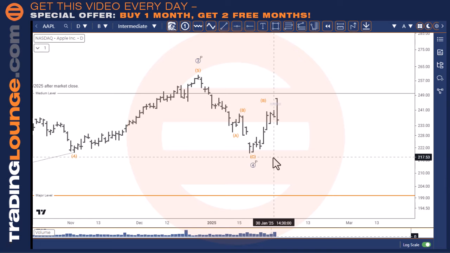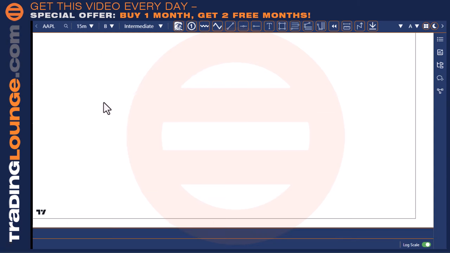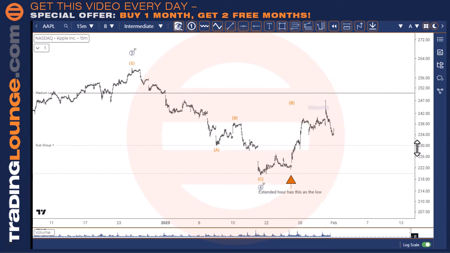I don't think it's the case. On the after hours trading, whatever you call it, this was the low here. This one came down here in the aftermarket. So I don't have it on this particular chart here. So let's go to the 15-minute chart and just talk about this for a moment, and how we can go about doing it.